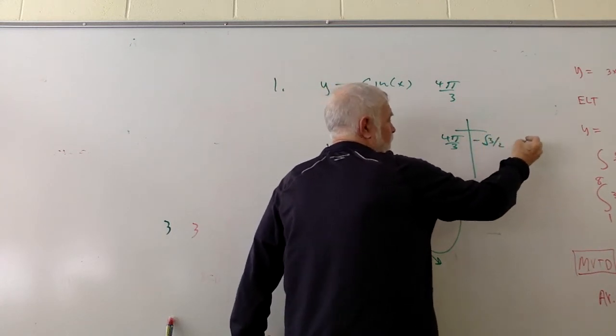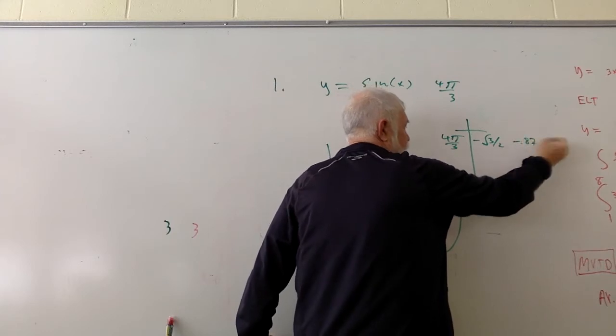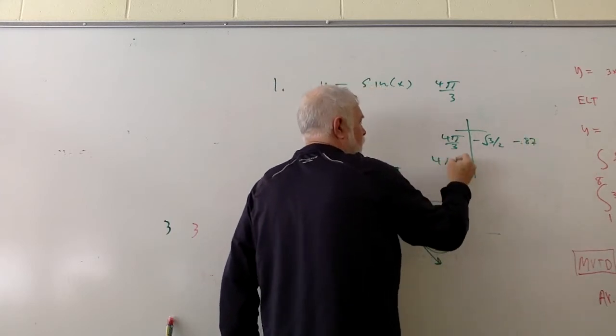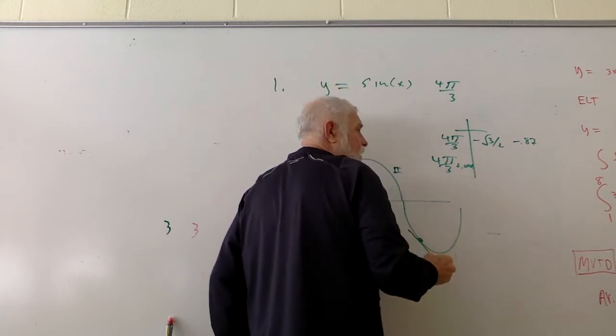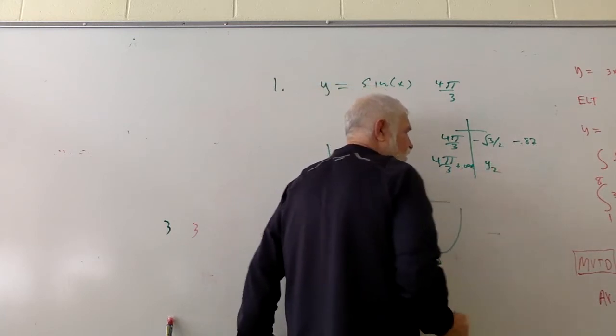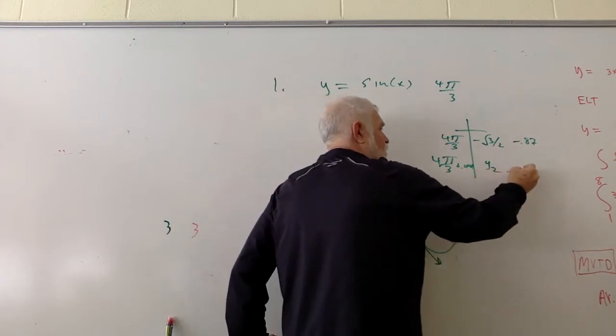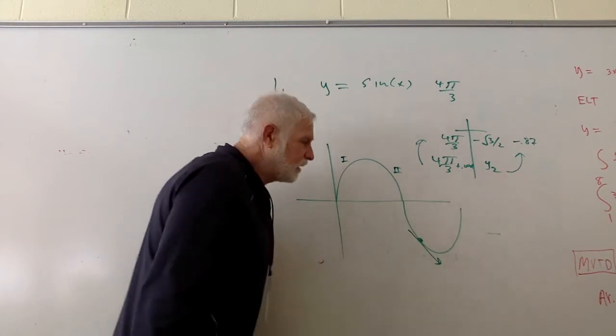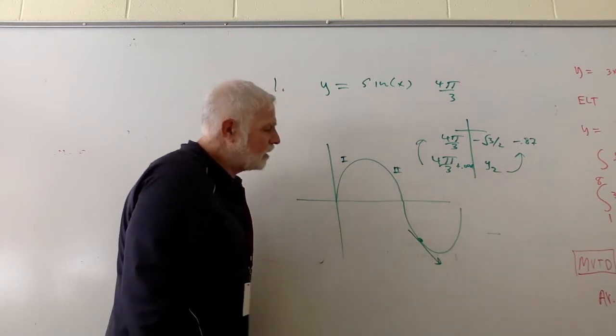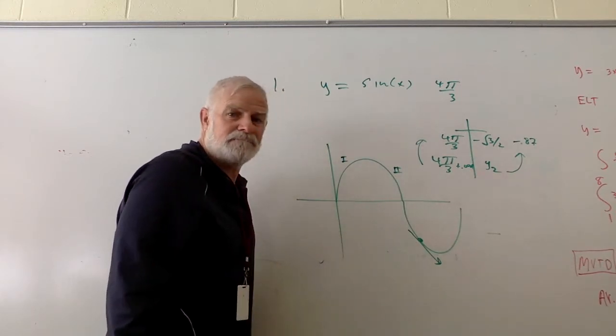Now, if we're going to approximate that, negative 0.87-ish, and then we're going to look at 4 pi over 3 plus 0.0001, and we're going to look at that second y value, and we're going to get a feeling for the rate of change in y compared to the rate of change in x. And we can see that it looks like it's about minus 1/2.